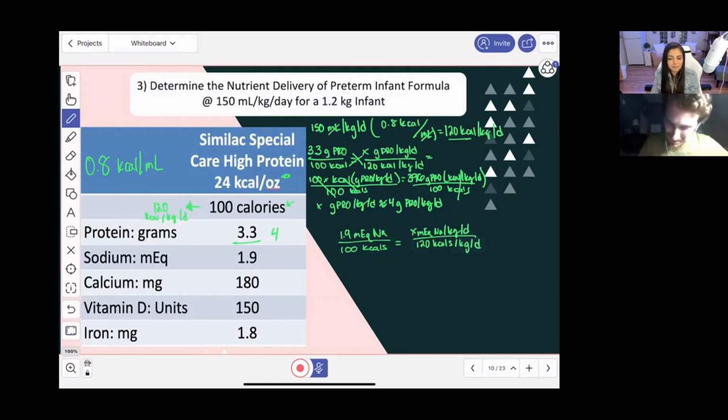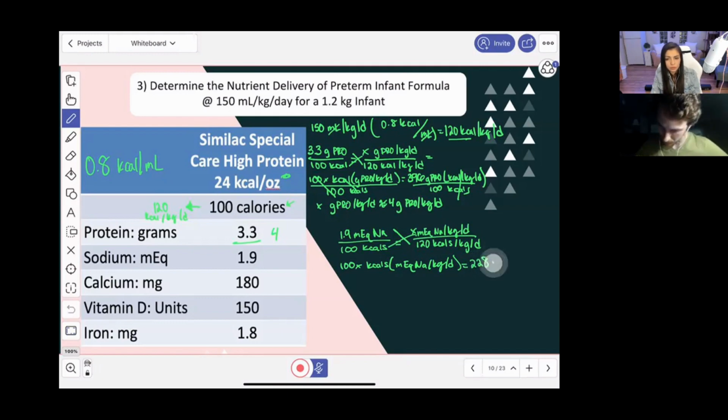Okay, now we're going to cross multiply again. So we have 100x kcals times milliequivalents of sodium per kilogram per day equals this value right here. You have that for me? Yep, 228. Thank you. 228 milliequivalents of sodium times calories per kilogram per day.